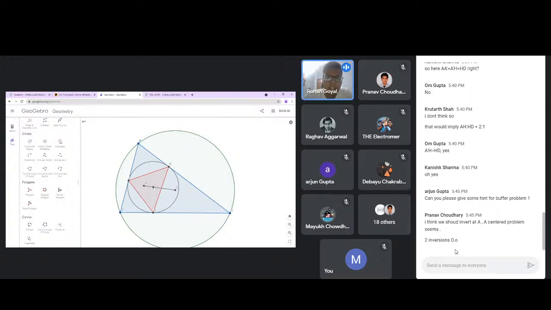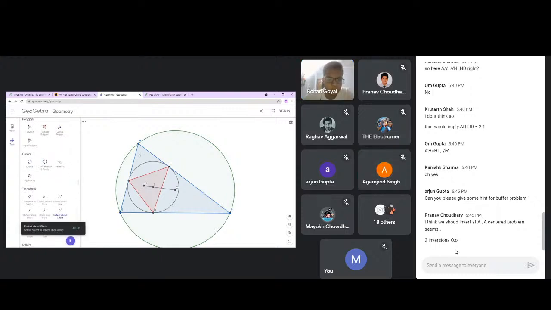Okay, so we invert about the incircle. When we invert about the incircle, where does A go? Where does A go when you invert with the incircle? Midpoint of EF. Good. Can everyone see why? IA' times IA is IE squared. That's just because IA'E is similar to IEA.